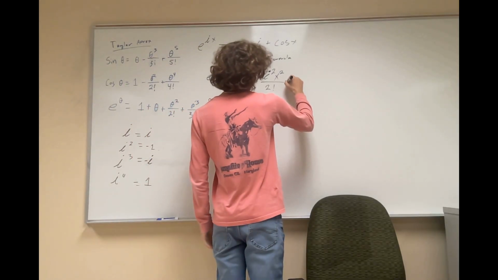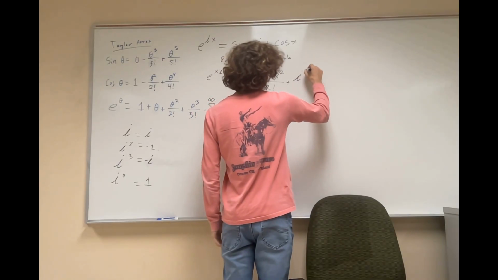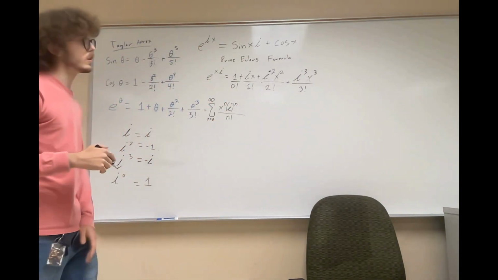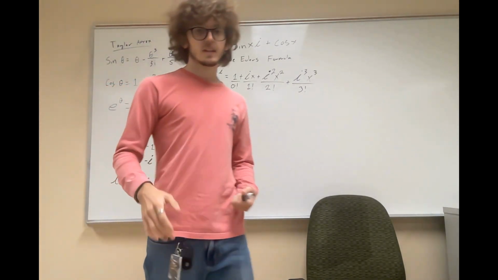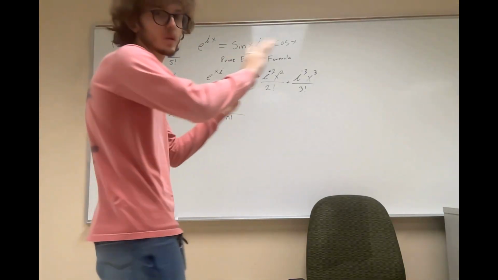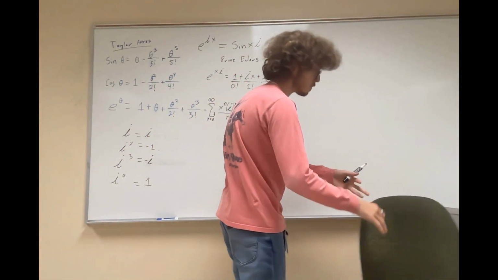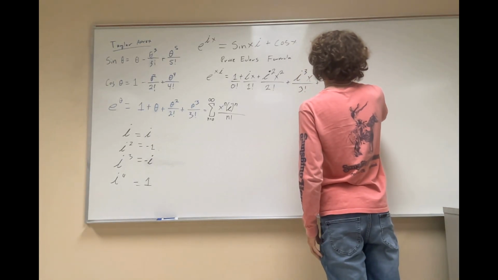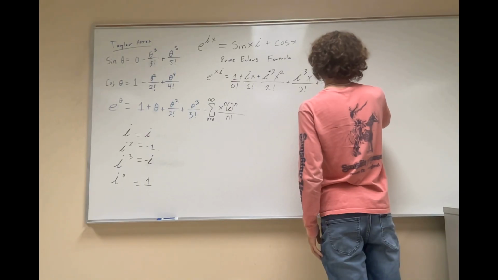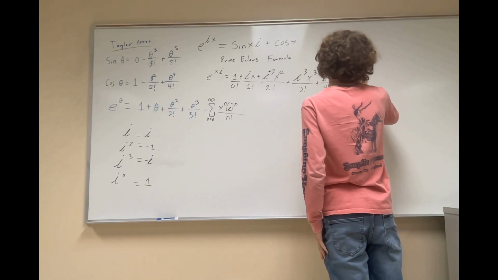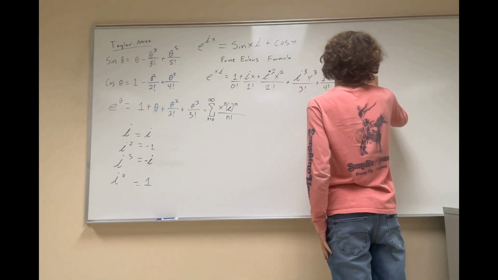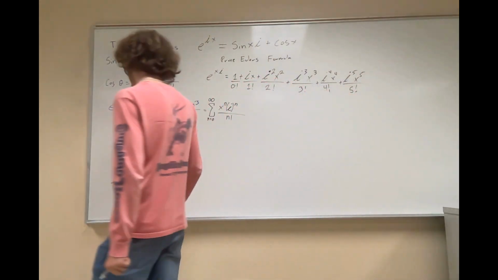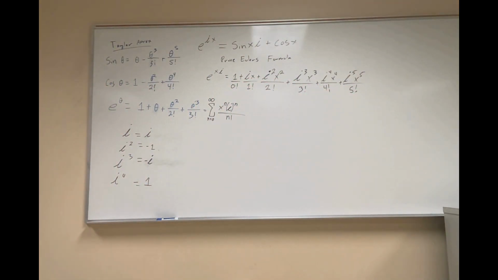Plus i to the third x to the third over 3 factorial. It would go on and on, but for this example we're going to go far enough to see the pattern. Plus i to the fourth x to the fourth over 4 factorial, plus, and we'll just go to the 5th term, that's okay, over 5 factorial.